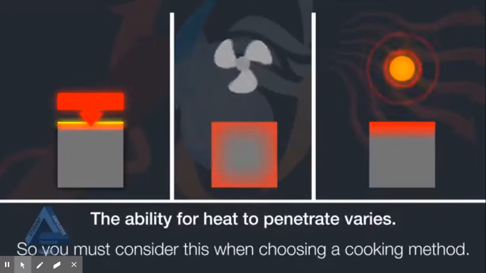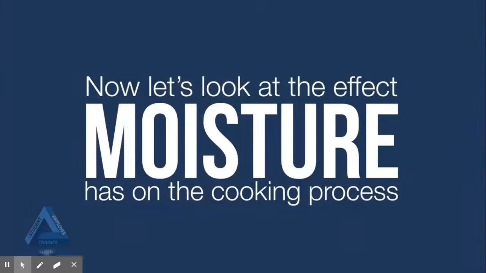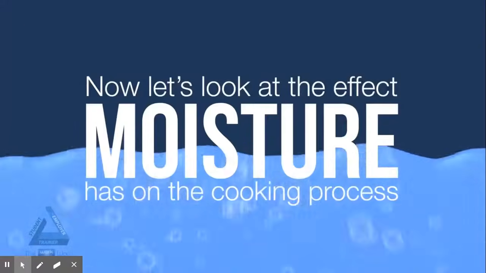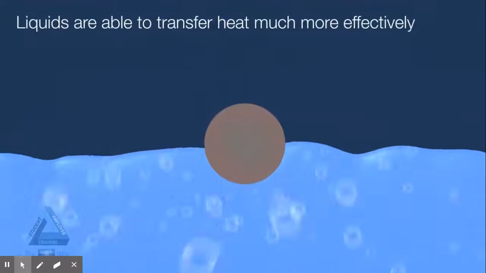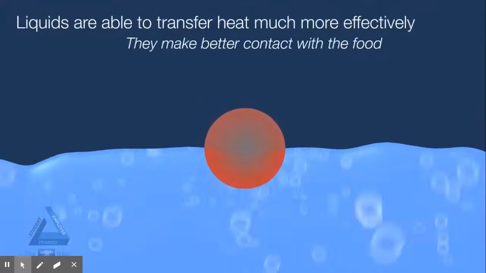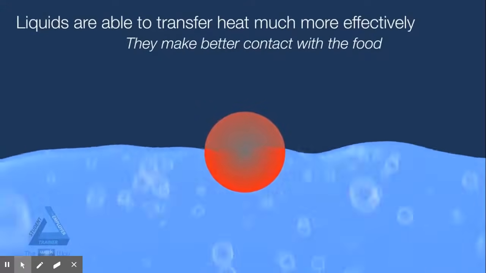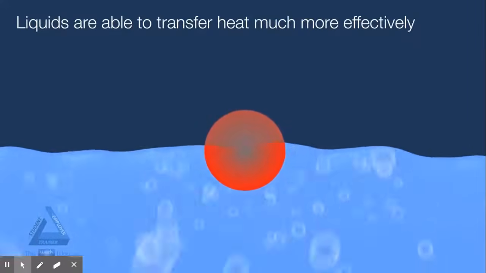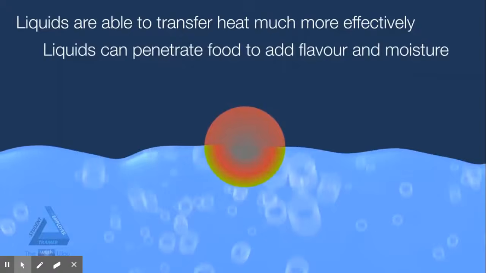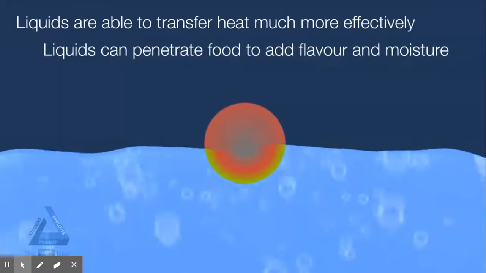Now let's look at the effect that moisture has on the cooking process. Liquids are able to transfer heat much more effectively than air because they make better contact with the food and therefore have more opportunity to transfer their heat. Liquids can penetrate into the food and add flavor and moisture.